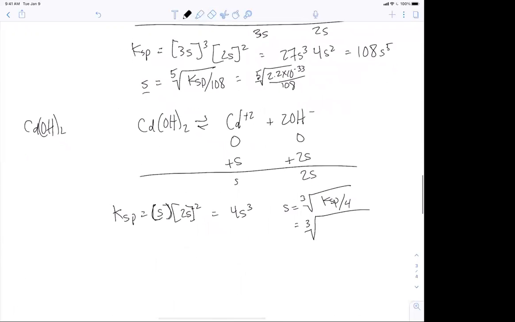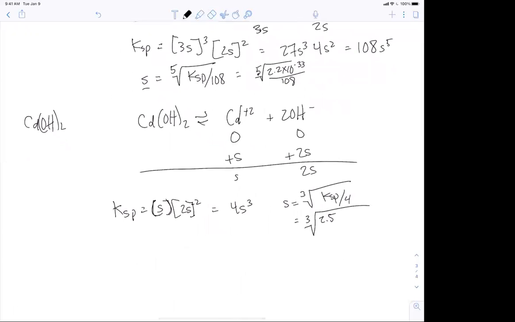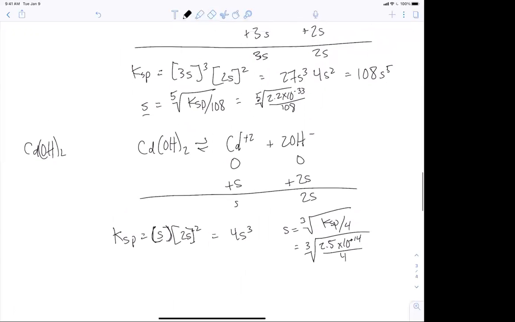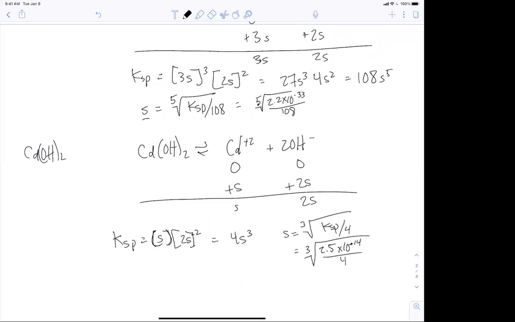2.5 times 10 to the minus 14. Let's see, I don't know that we need to go through every single one of these, but let's go through this fifth root one.